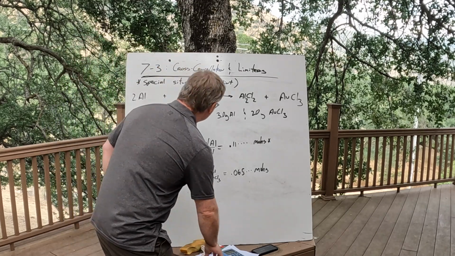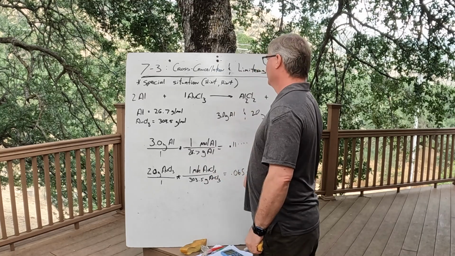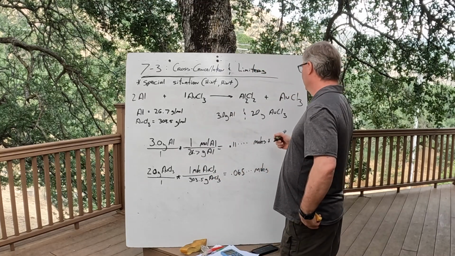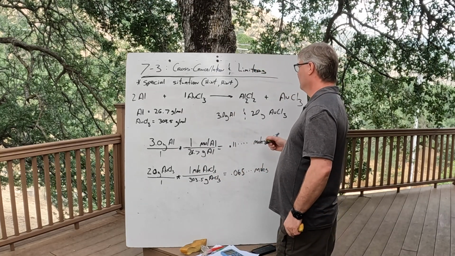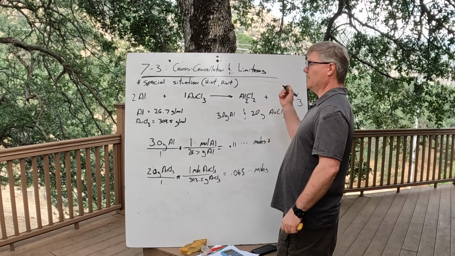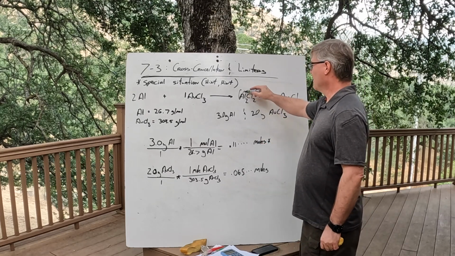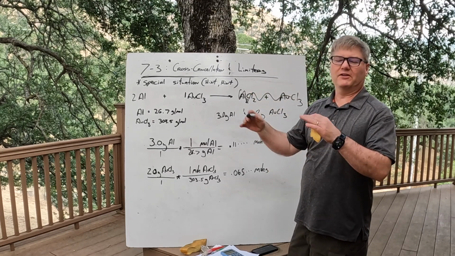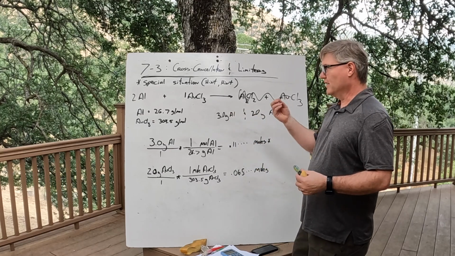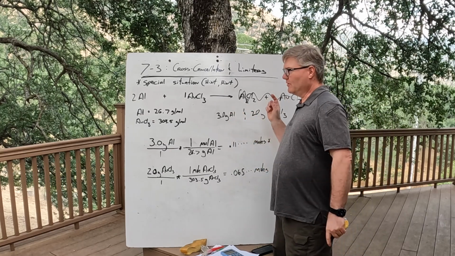Ignore the other side. Two aluminums. All right, let's just say that's what it is. My point is not that I just made this pretend reaction up anyway. What I want to emphasize is what happens if you put a 2 there.